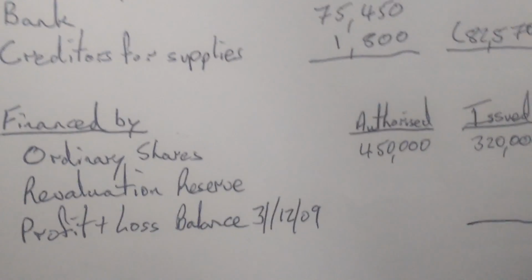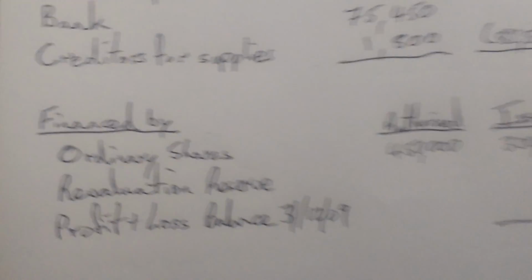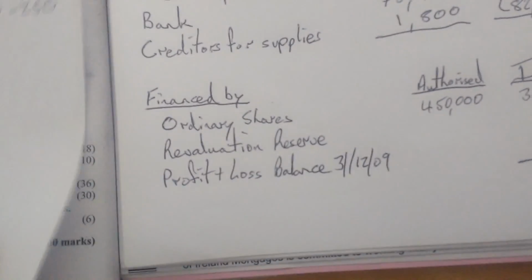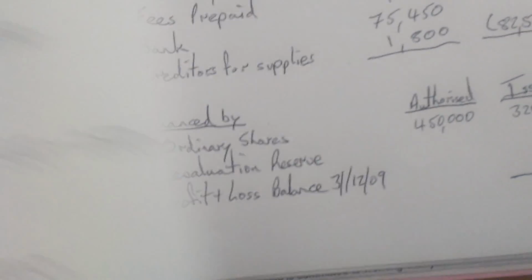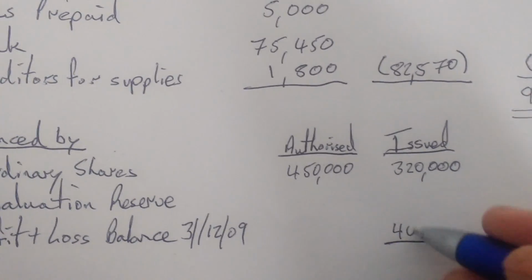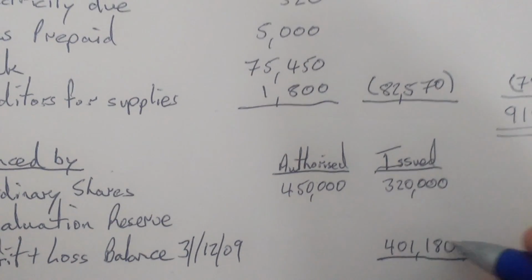Well, we'll get to that in a second maybe, because there's a bit of work in that. I'll have to do some workings. The profit and loss balance, well, we get that from our profit and loss account. Let me just get the profit and loss account ahead over here. It was, oh yes, 401,180. So just transfer that straight in, 401,180.